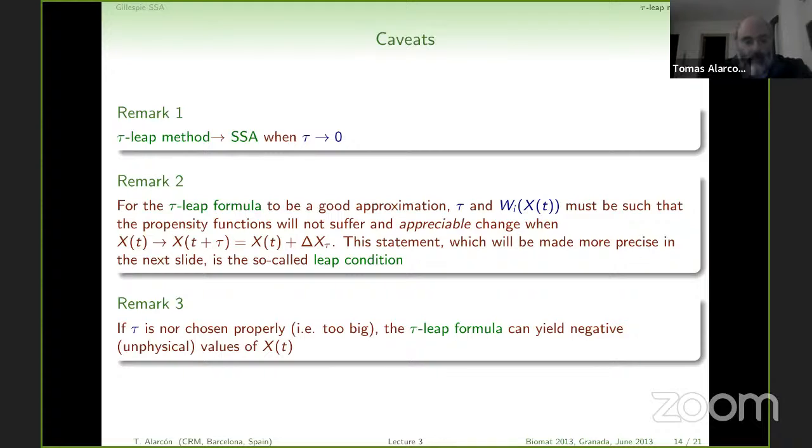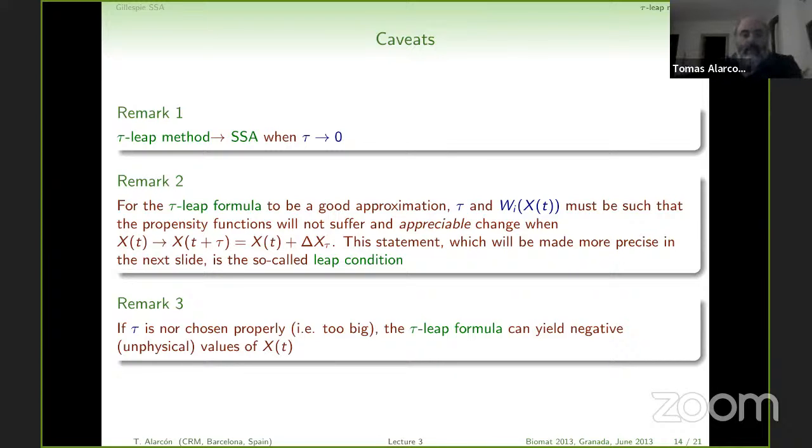And the third thing is that if tau is not chosen properly, then the tau-leap formula can give you some sort of artifacts. For example, if you're studying one of these birth and death processes and somehow you overestimate the number of deaths, you can end up with a negative population, which is an unphysical result.